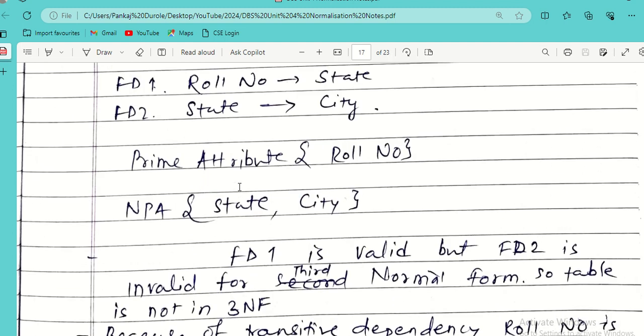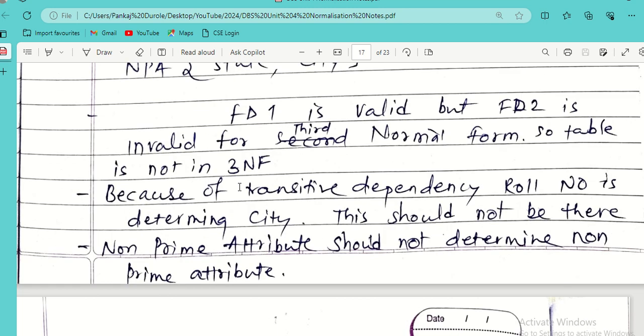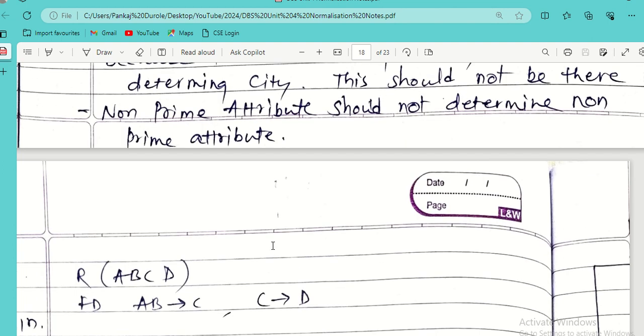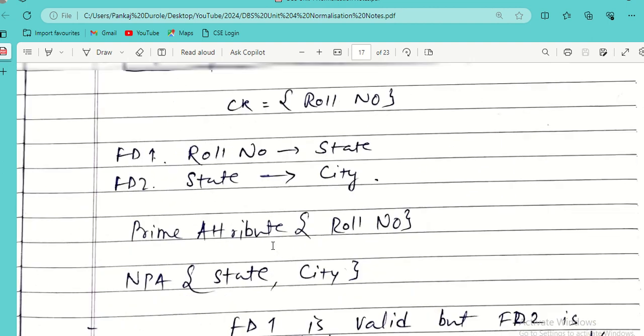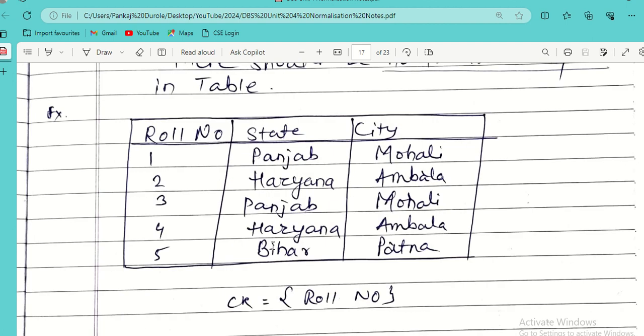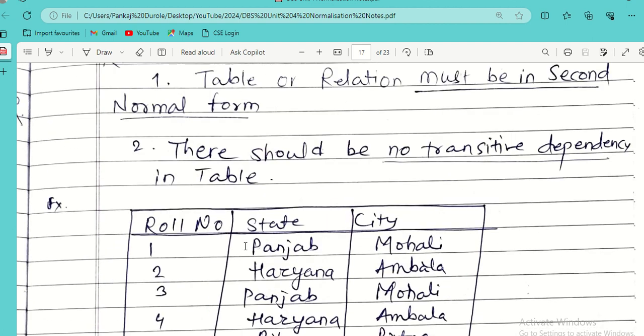By the transitive dependency, roll number will determine the city. In the third normal form, such a scenario should not be there. Because of this reason, this table is not in the third normal form. So for third normal form, we are supposed to understand these conditions.